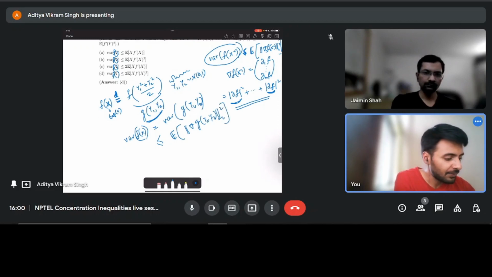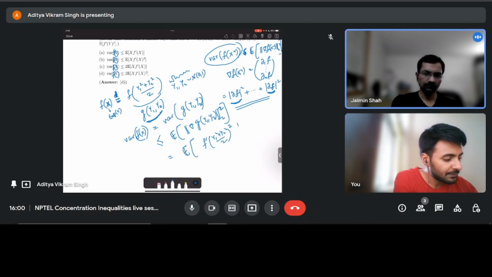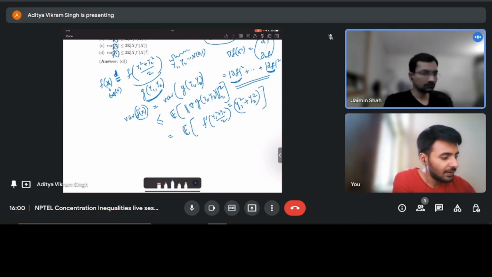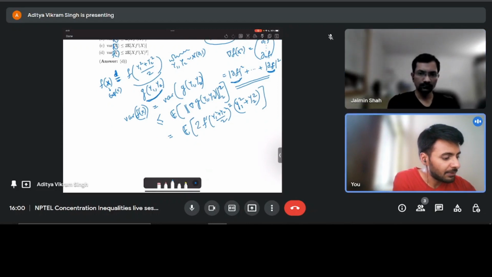We have already computed this. It was f'((y1² + y2²)/2), squared since we have the square, times y1² + y2², which is what we computed earlier. And y1² + y2² would be just 2 times (y1² + y2²)/2.